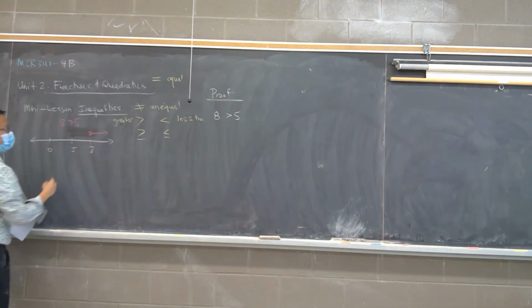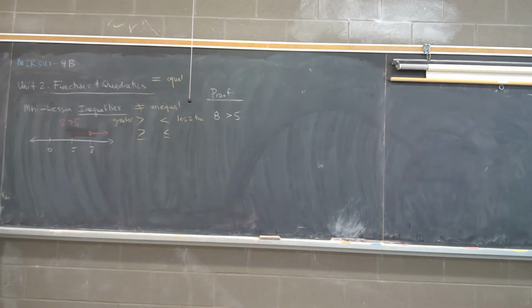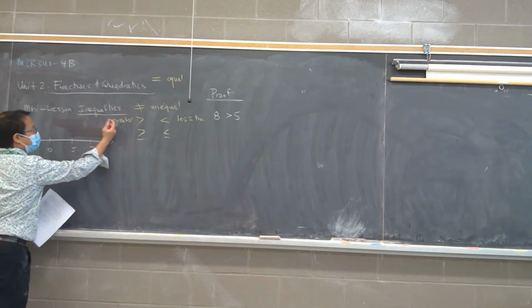So this is that. 8 is greater than 5. I think that's what I wanted to do with this question. Oh no, we don't do anything with this. That's stupid. Sorry, 8 is greater than 5.